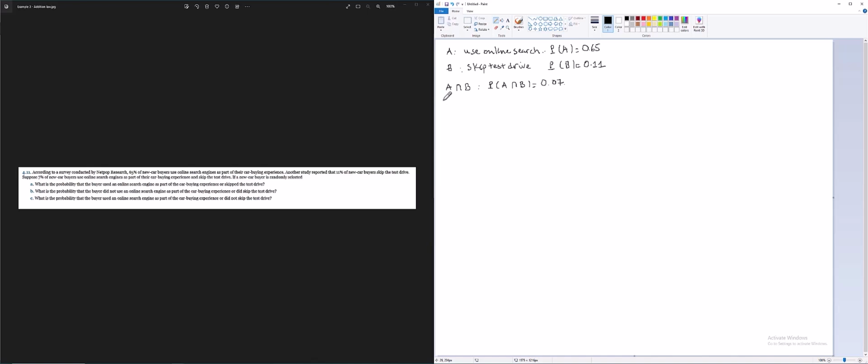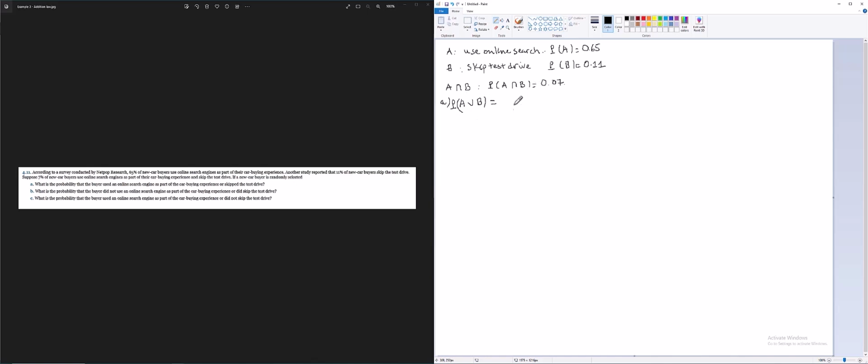Now, in the first part, we have to find the probability that a car buyer either uses the online search or skips the test drive, right? So that's A union B. Notice the wording there: either or, they use online search or skip the test drive.